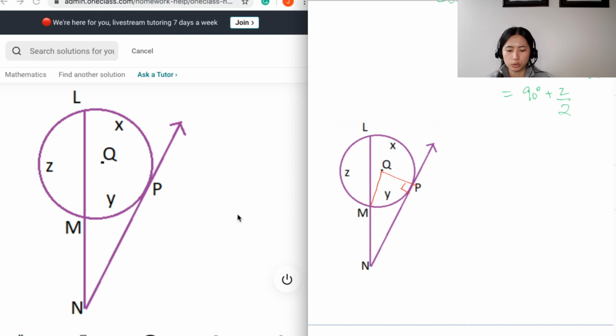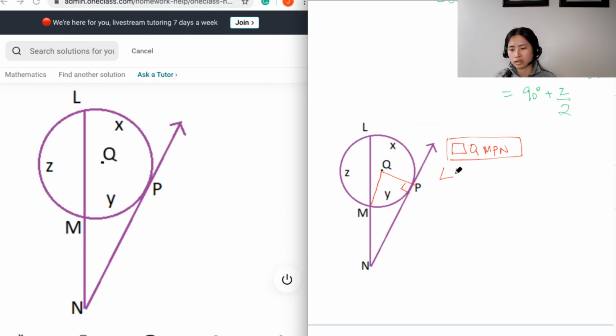So let's go back to what we were referring to. Remember in a quadrilateral, or in a trapezoid, because a trapezoid is in fact a quadrilateral, the sum of the interior angles in a quadrilateral is 360 degrees, and therefore it's the same for a trapezoid. So now we're looking at a trapezoid, so we're focusing on angle Q, angle M, angle N, and P. In this trapezoid Q, M, P, N, this is the polygon that we're focusing on.